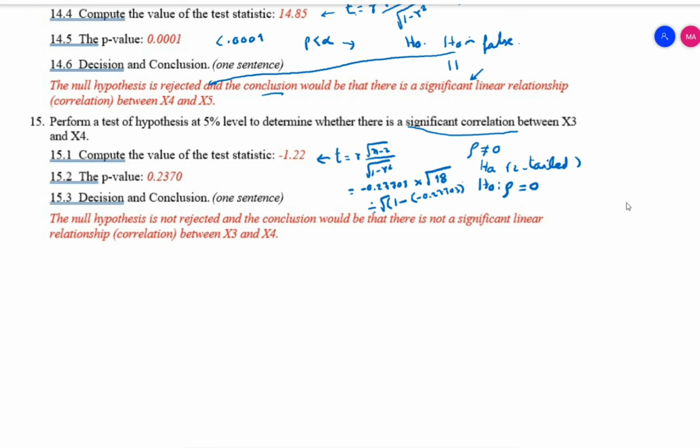Close bracket, equals, and you will get negative 1.22.